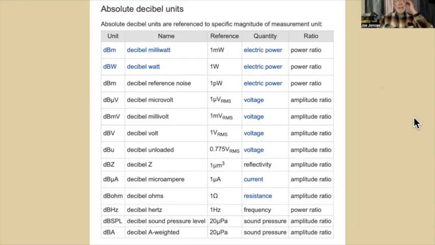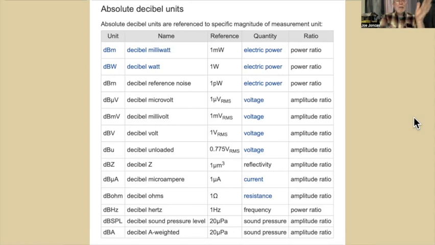But I want you to see this chart. I don't want you to memorize it, but these are absolute dB units. And dBm is the most common one used, and that's dB compared to 1 milliwatt. My signal generator, which I'm using to feed this receiver over here, which you're going to see in a minute, is in milliwatts.